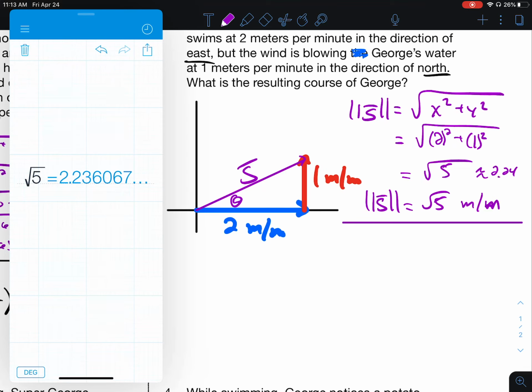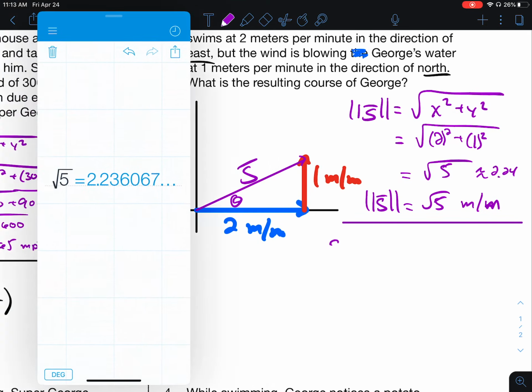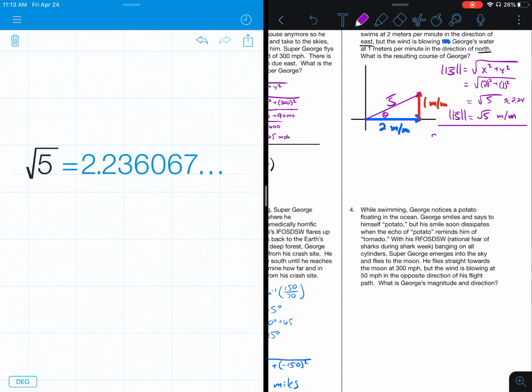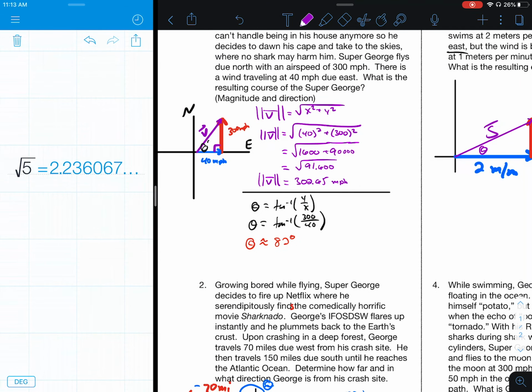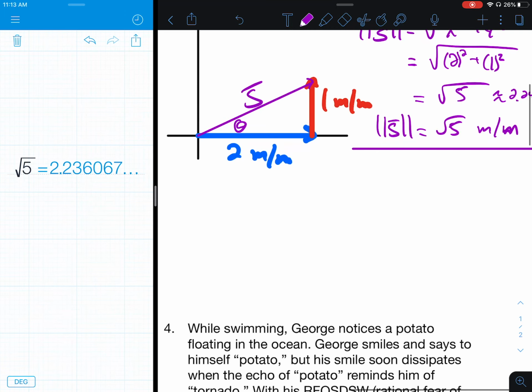If we wanted to find the angle, the angle for this is going to be tangent inverse of y over x. If the angle's in quadrant 1, then theta and theta prime are the same thing.